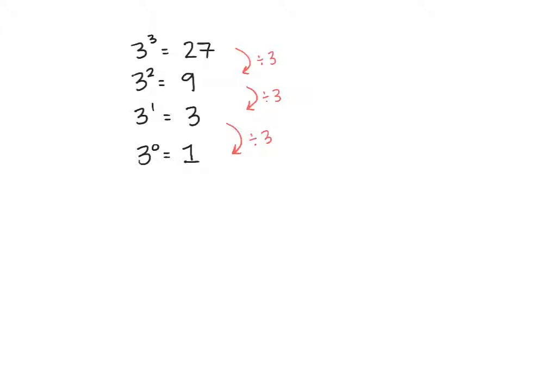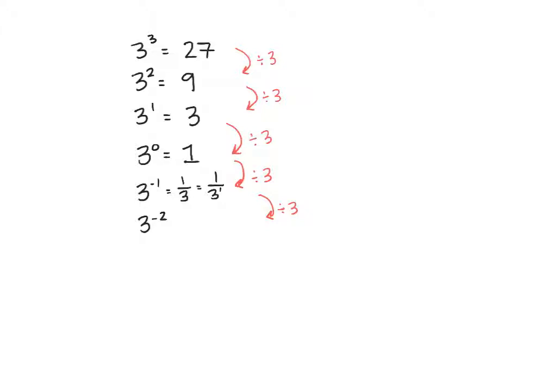And now we get into our negative exponents, and the pattern just continues. So if we have 1 divided by 3, that means 3 to the negative 1 power is 1/3, or we could also think about that as 1 over 3 to the 1st power. And then we can divide by 3 again.